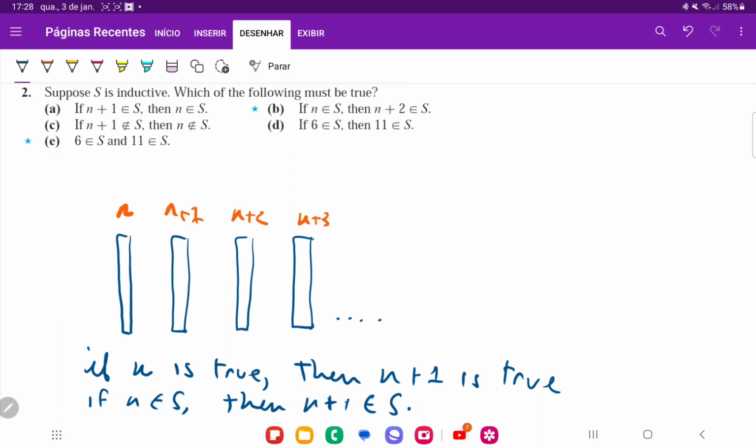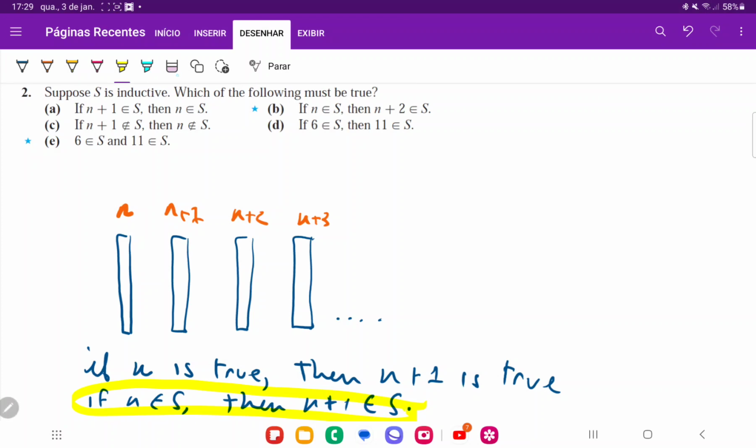So for item A, we're saying if n plus 1 belongs to S, then n belongs to S. And you can see here that this is not the inductive statement, right? It's actually the converse. And that's not true because the converse is not logically equivalent to the statement itself.